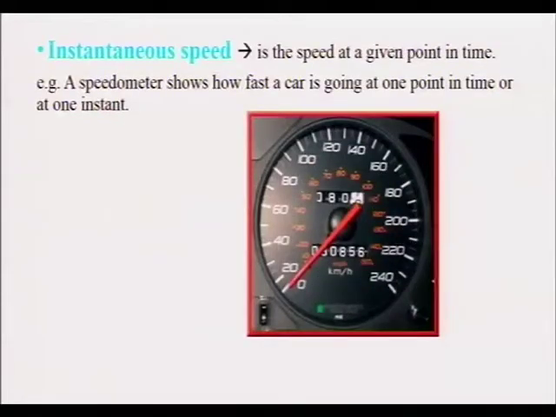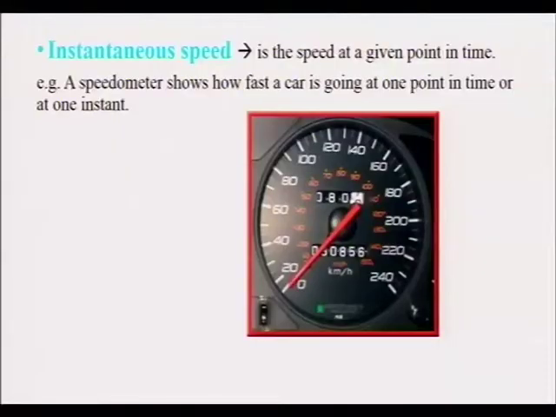Now, because we are talking about the average speed, we can't talk about the average speed without talking about the instantaneous speed. The instantaneous speed is the speed at a given point in time. Suppose you are in a car moving. The speedometer of the car is always reading the speed that the car is traveling at. But that speed is not the average speed.